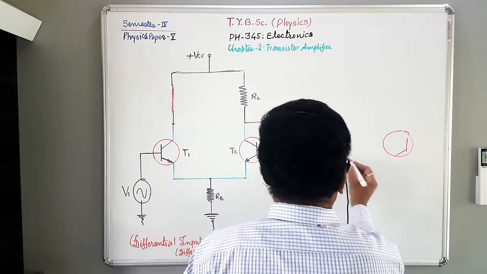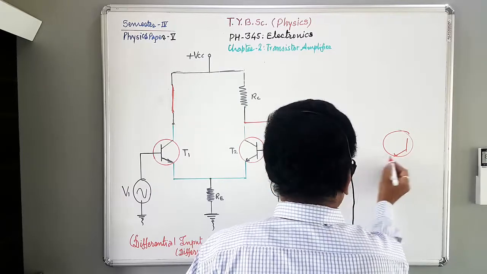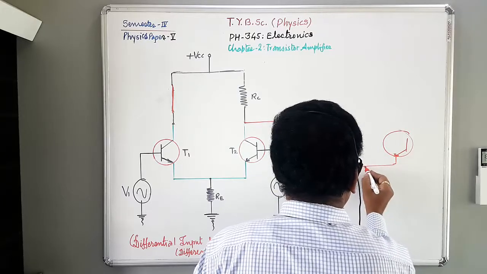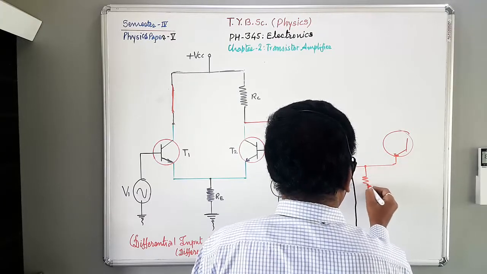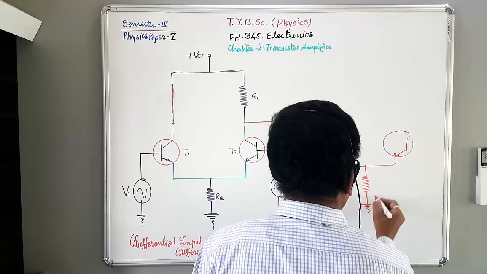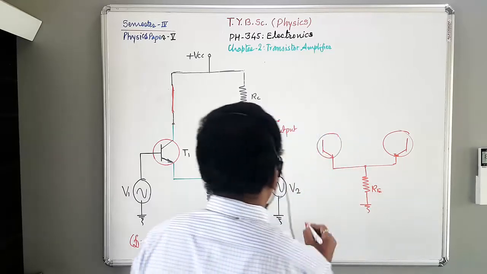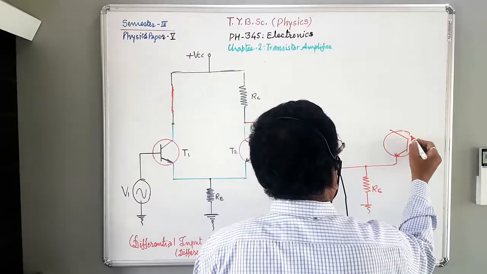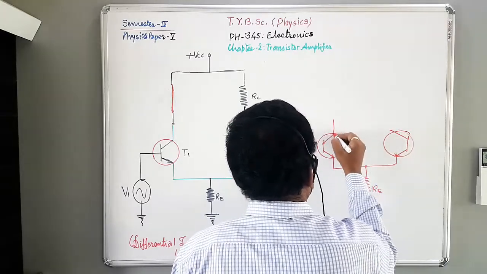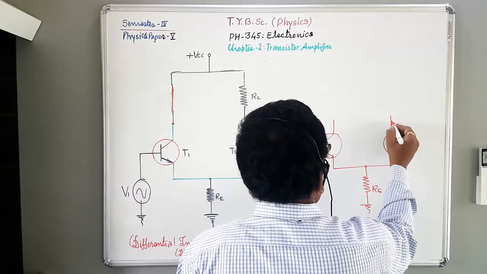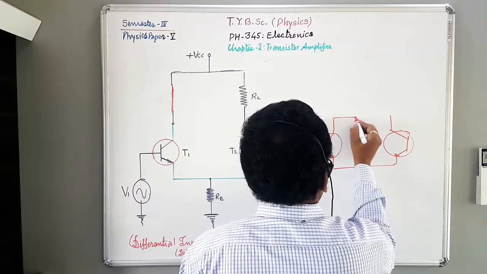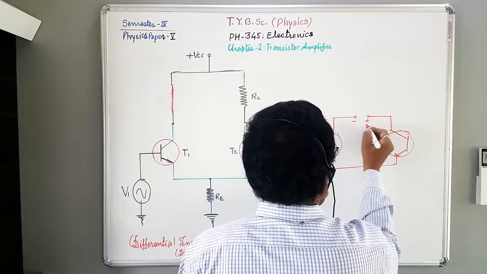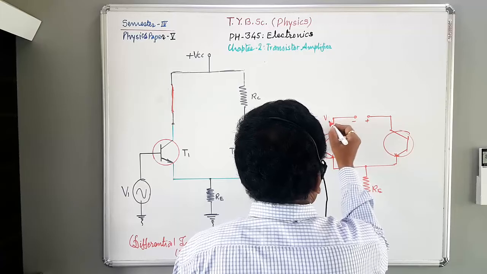This is the emitter follower, and these emitter followers are connected, and there is a common emitter resistance. Okay. Now there are two collectors for the two emitter followers, and this is the two-ended output.